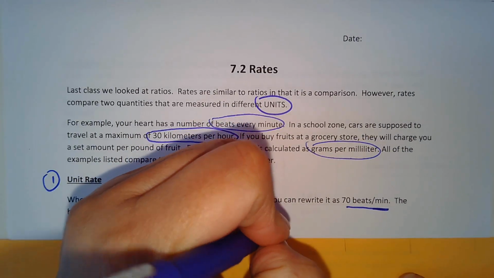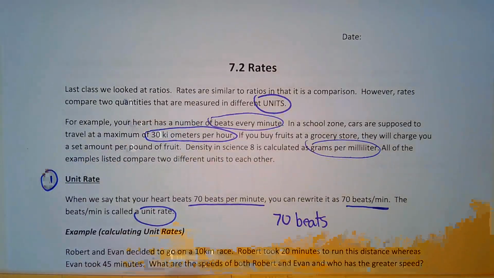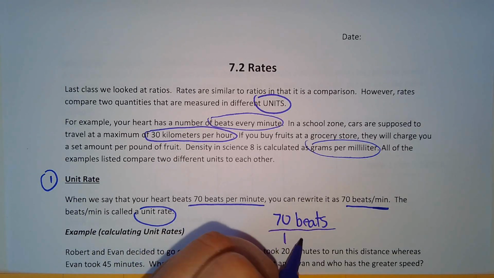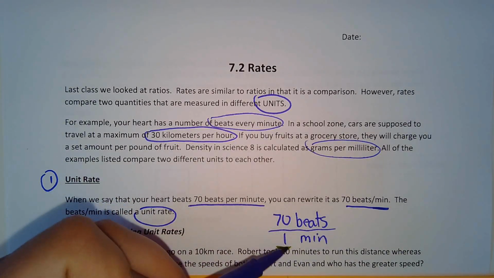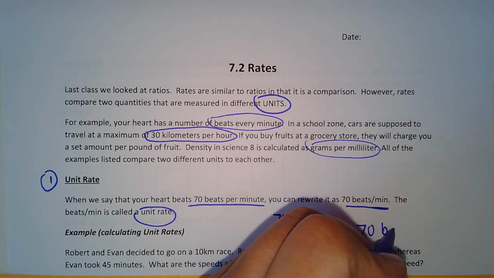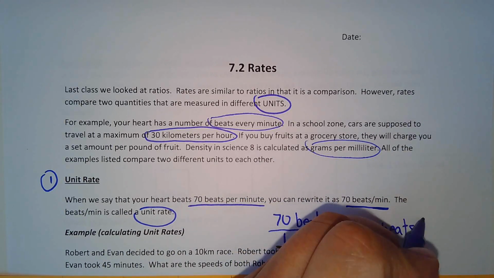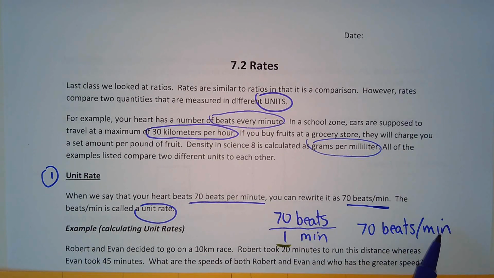So we have 70 beats per 1 minute. Once again, really important with unit rates, the bottom number always has a value of 1. And this is a very simple way to write it out. A more efficient way to write it out would be the way I've listed it in the notes, 70 beats per minute. So 70 beats per 1 minute.